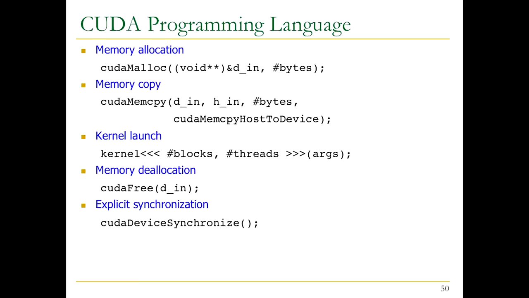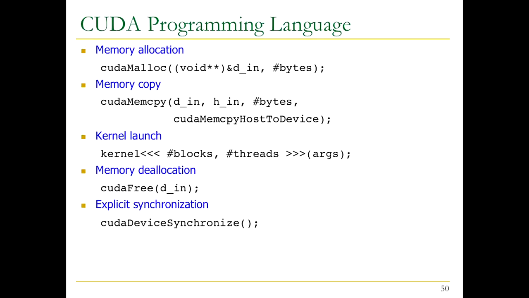If we want to do a GPU to CPU transfer, we will say device to host, and we can also use this cudaMemcpy to transfer within the device memory. That would be device to device.